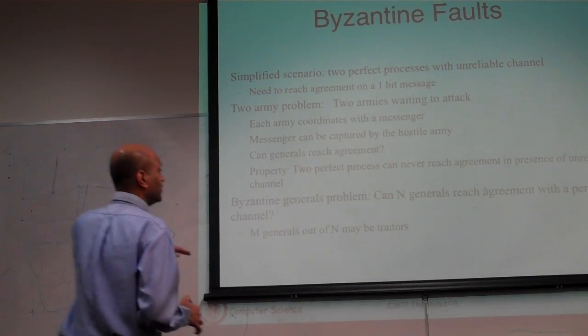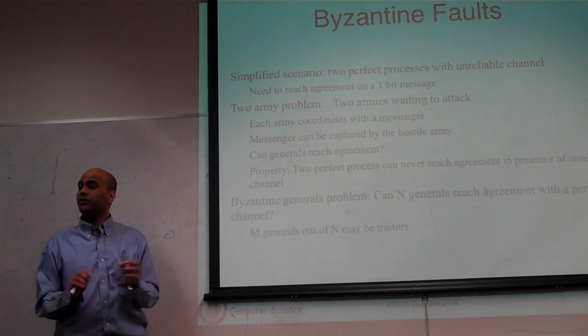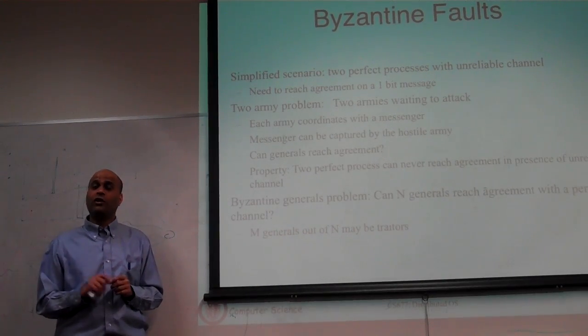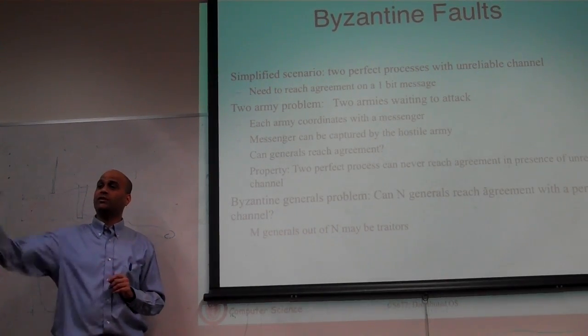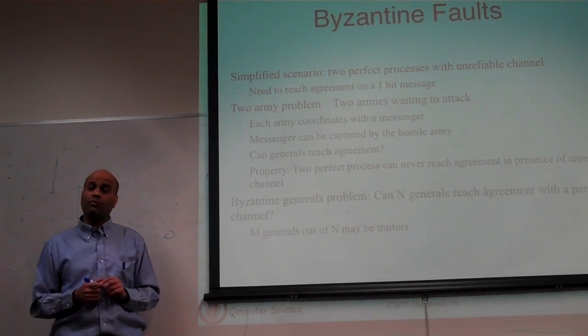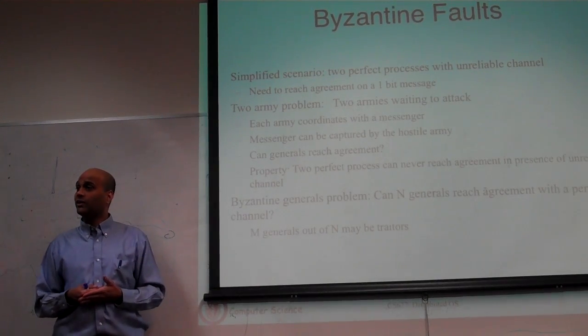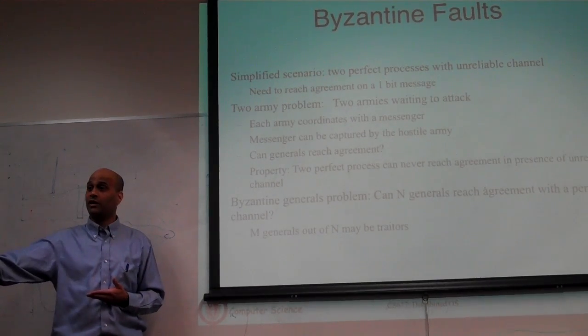Okay, so the question is, can n generals with a perfect channel reach agreement? In this case we assume a message is sent and the network is not doing anything, the message is actually received fine. This is the equivalent of saying I am going to encrypt the message and digitally sign it, so if the channel tries to tamper with it, I can detect that.